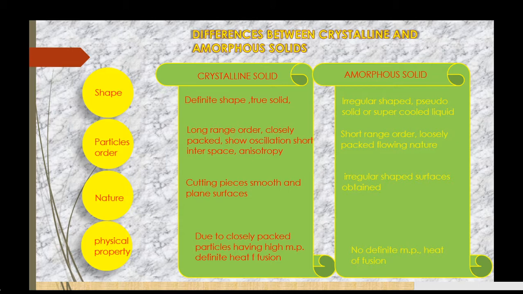That is, what is the shape of crystalline solid and what is the shape of amorphous solid, what is the order of constituting particles in crystalline solid and what is the arrangement of constituting particles in amorphous solid, what is the nature of crystalline solid and what is the nature of amorphous solid, what are the physical properties of crystalline solid and what are the physical properties of amorphous solid.